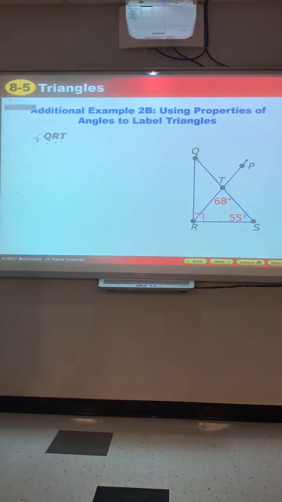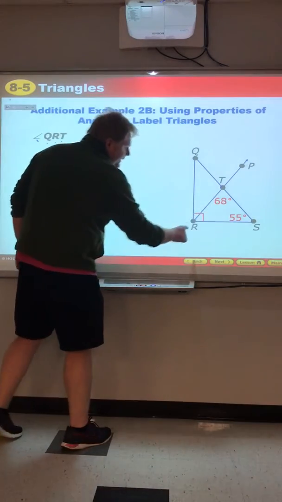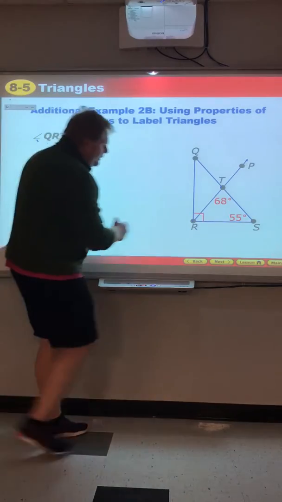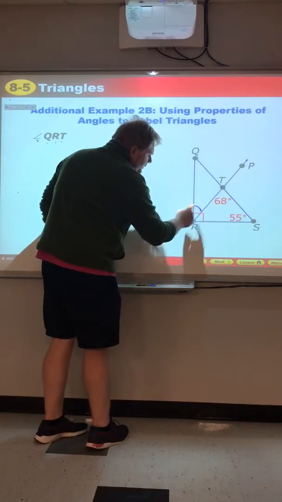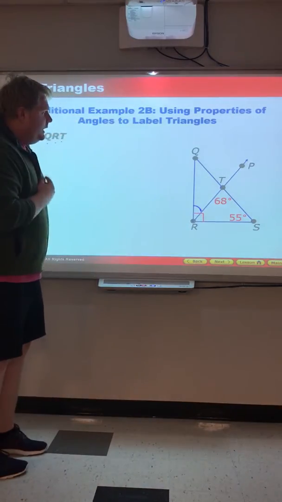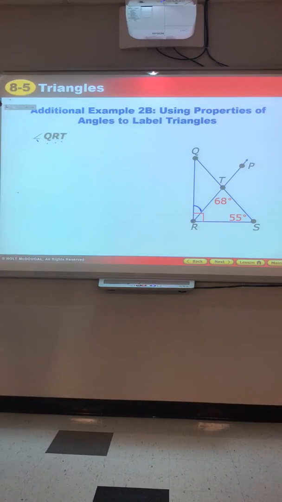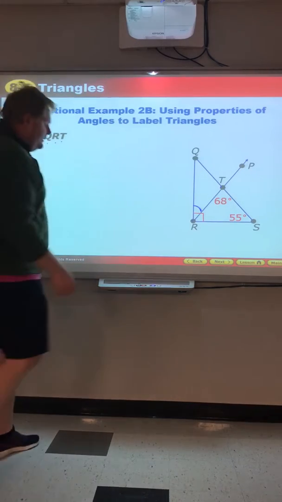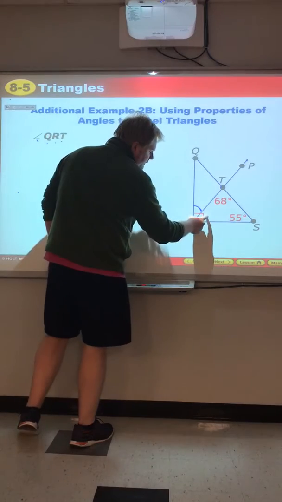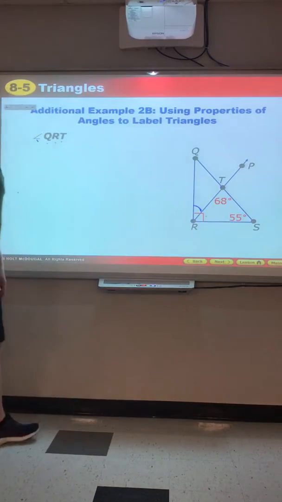I've got to do a few things here. I know this whole thing is 90, but I only want to know this part right here. I don't have a good way of figuring that out, except if I can find this one out. Do any of you see?